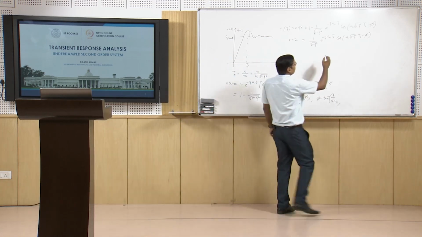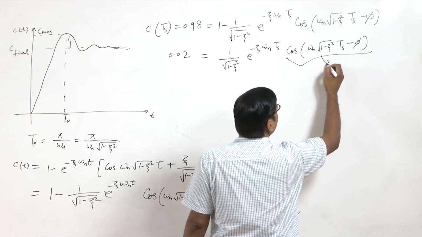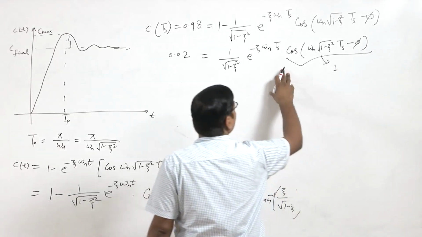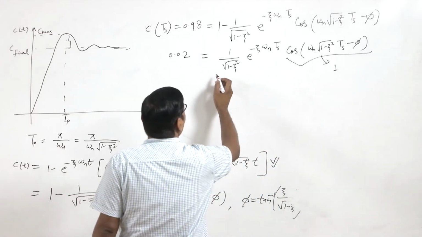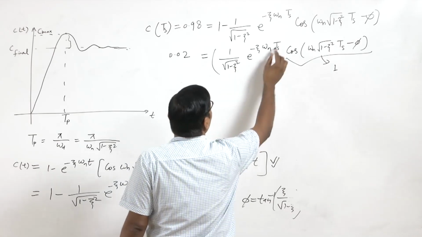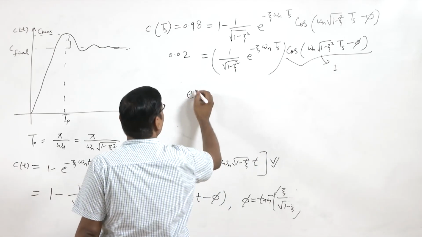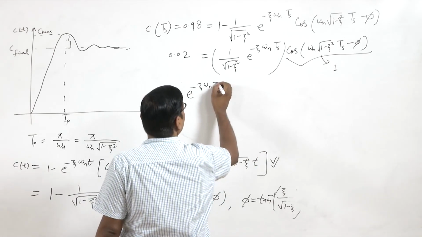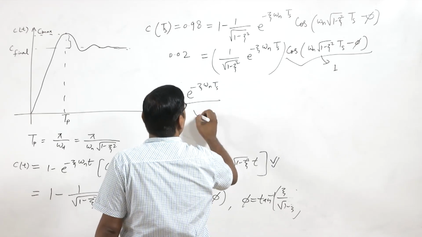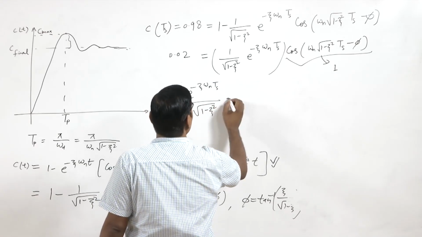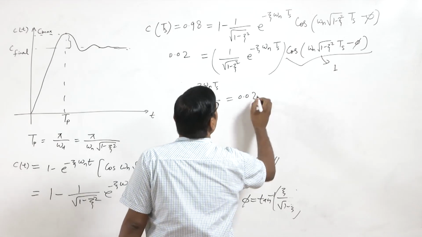You see this, the maximum value of this term is 1. So we can have e power minus zeta omega n Ts by root 1 minus zeta square equal to 0.02.